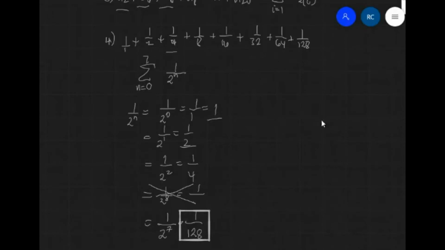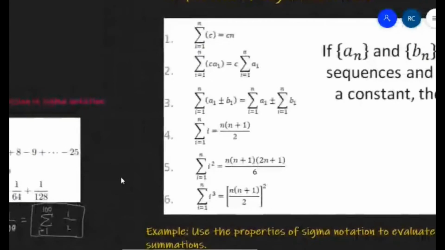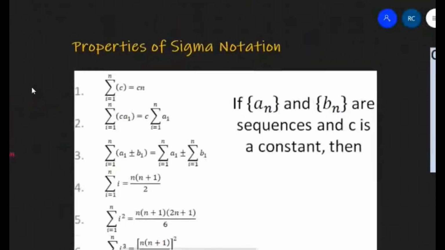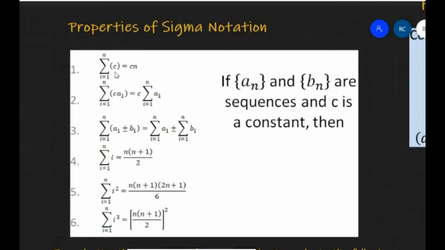Okay, next. Let's move to the properties of sigma notation. Pag sinabing properties, kanya-kanya lang. Okay? So, una, summation of C from i is equal to 1 to n.